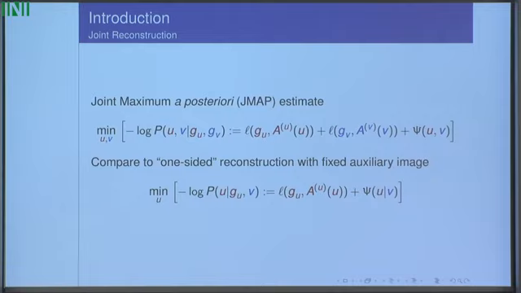Of course, in practice, there may be correlation in the likelihoods, but let's assume that the likelihoods are uncorrelated, and this negative log posterior is the sum of the two likelihoods, but we also include this prior term, which depends on both functions, U and V. We'll call this the joint regularization, or negative joint prior.